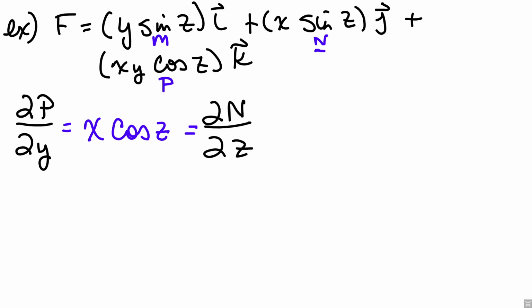So next, we're going to move down and take a look at the next set. We're going to look at the partial of M with respect to z and see if it's the same as the partial of P with respect to x. Okay, so here's M. So what is the partial of M with respect to z?